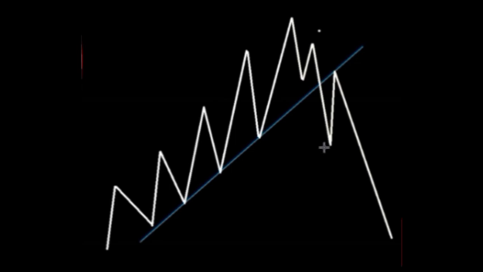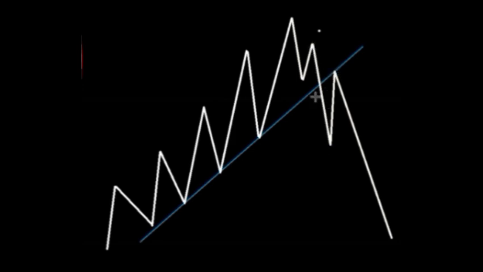When it returned to test the trend, you check the trading range at that point. When it took the trend, you mark it up. This is your range. You can see it.